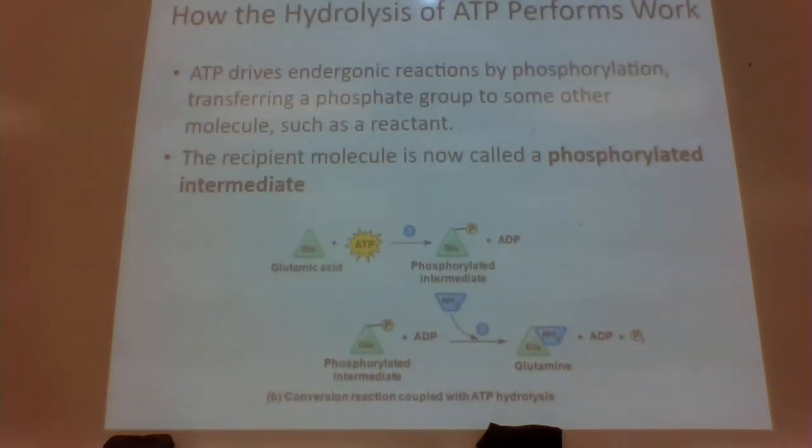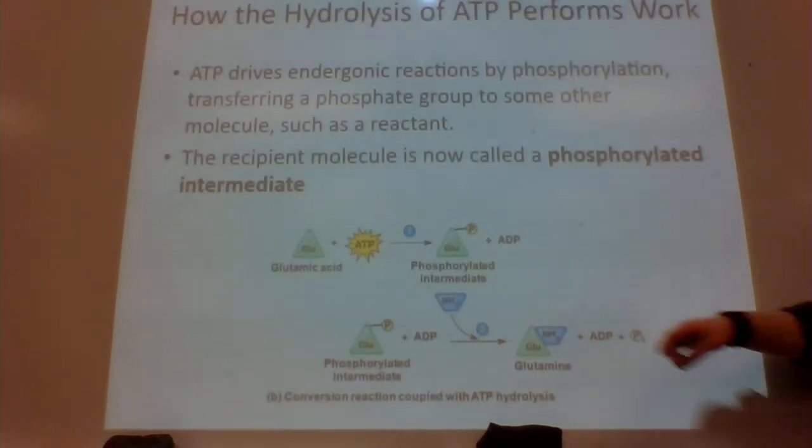And what did we say was phosphorylating the protein kinase? The ATP. So the ATP doesn't just provide energy, it also provides phosphorylation. And if you remember, we said that phosphorylation is going to activate things. Phosphorylation is going to make things happen.